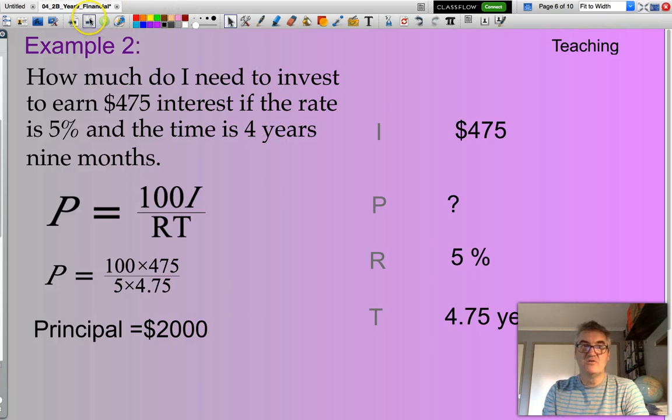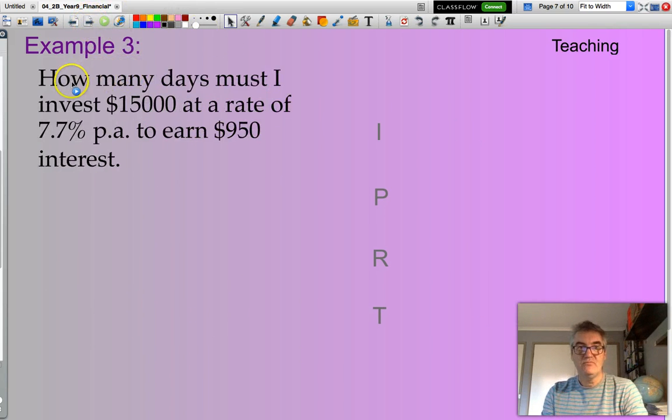And this is the last question that I'll be doing. So, how many days must I invest $15,000 at a rate of 7.7% per annum to earn $950 interest? So again, identify my I, which is $950.